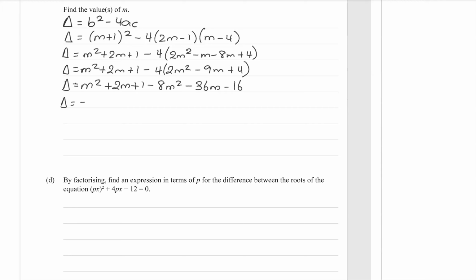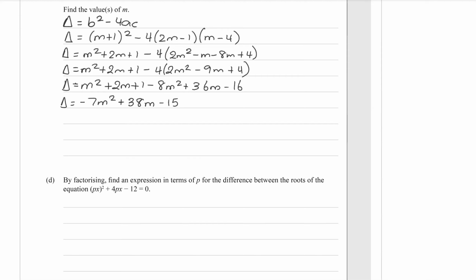So I will have negative 7m squared minus 34m. Oh, actually I made a mistake over here. That should be plus 36. Sorry, so that would become plus 38m minus 15.